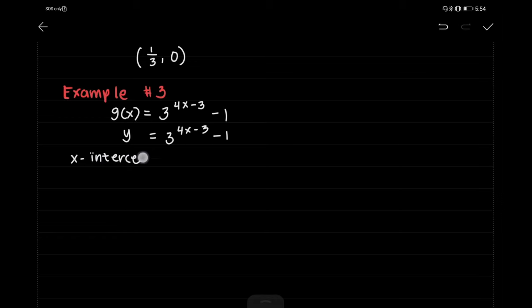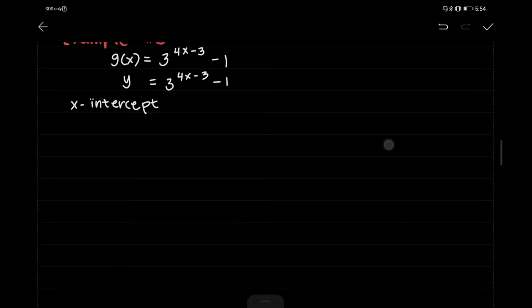So, to find the x-intercept, we have to let the value of our y be equal to 0. So in this case, itong y gawin natin siyang 0. Bring down muna natin: y is equal to 3 raised to 4x minus 3, minus 1.